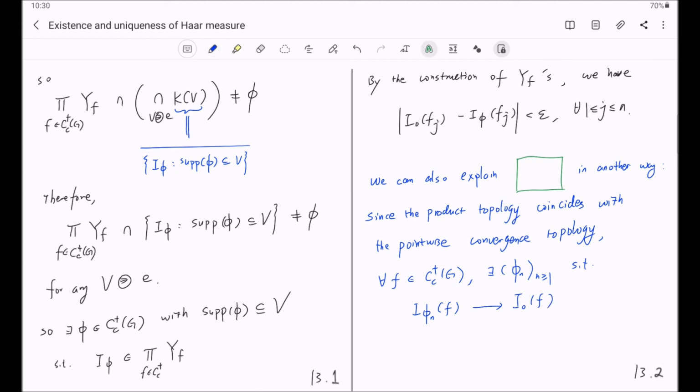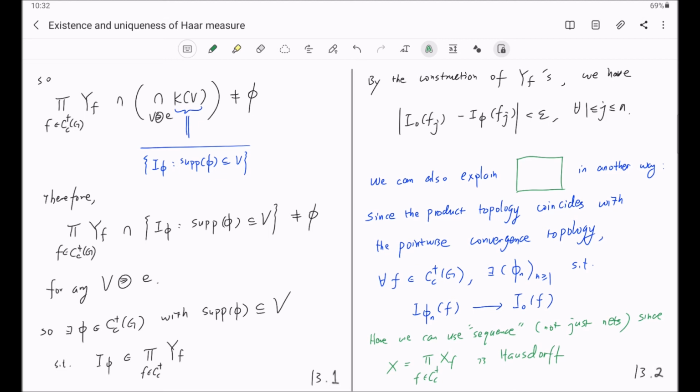Here, we can use sequence rather than nets because this infinite product space is Hausdorff as the infinite product of Hausdorff spaces. So we can use sequence to describe this.